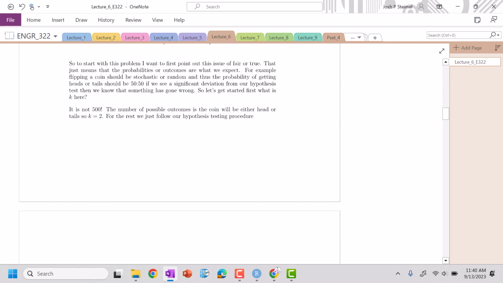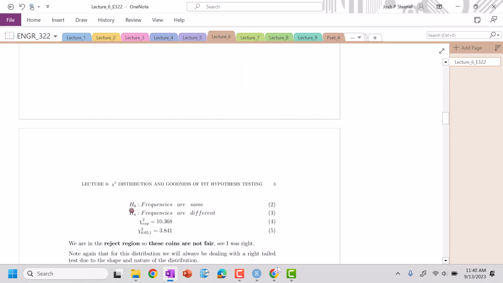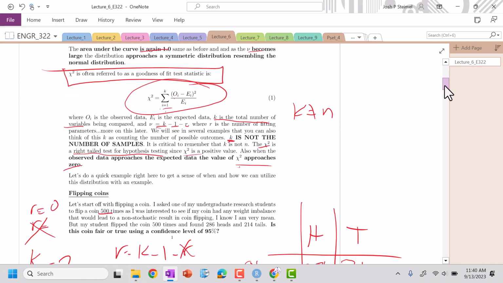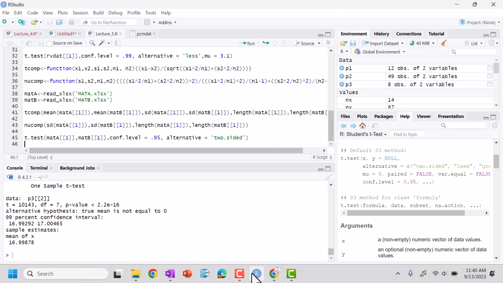So let's do our hypothesis testing protocol. Our null is that the frequencies are the same, meaning observed matches expected. Alternative, they're different. What's our confidence percent? 95%. And now we need to calculate our chi-squared experimental. We can do that fairly straightforwardly in R. So let's pull up R. Let's create a whole new little folder here.